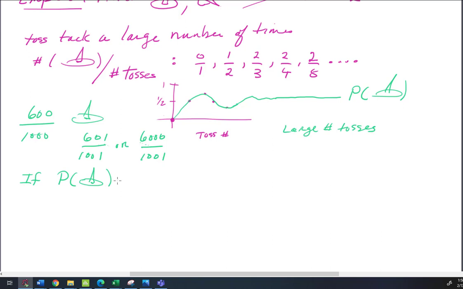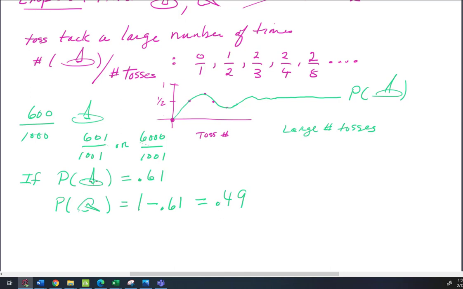I'm not saying we do, but if we found that probability was 0.61, there's only one other thing that can happen. That tack would be point down, the only other way that this experiment could resolve itself. Then that probability would have to be 1 minus 0.61, or 0.39.